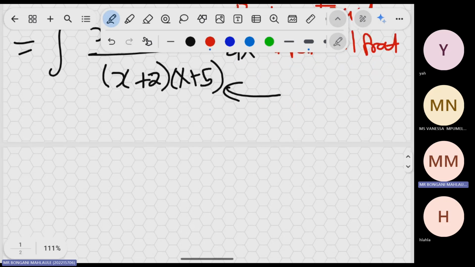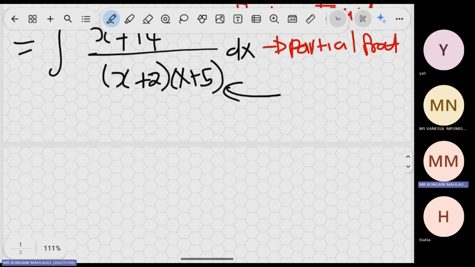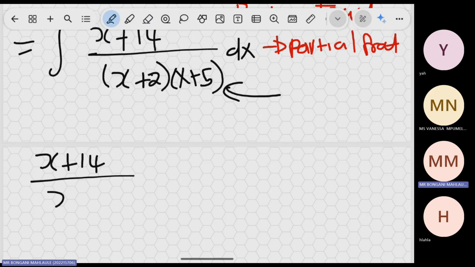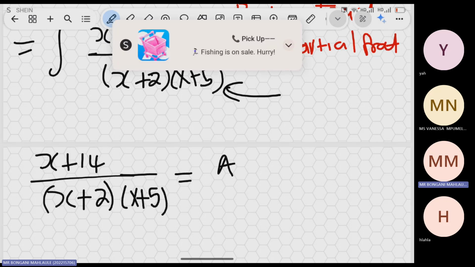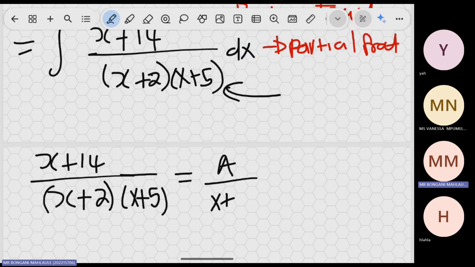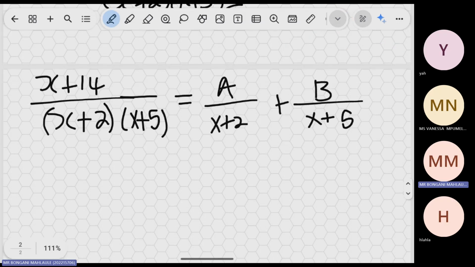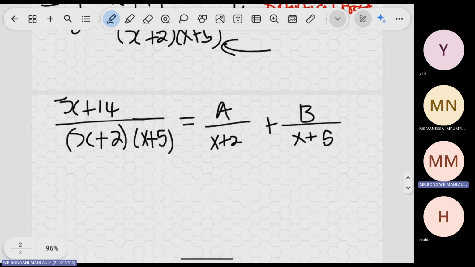So now I'm gonna take this rational fraction and change it. Hopefully they've already taught you how to change. But this one, they are linear factors. So you should already know that it will be A over x plus 2 plus B over x plus 5.